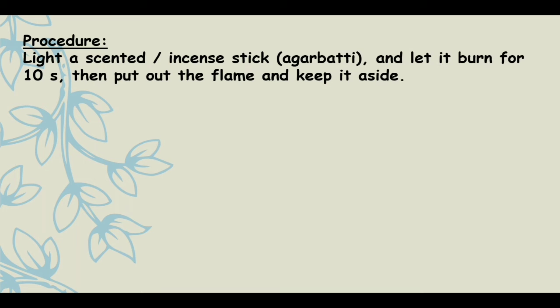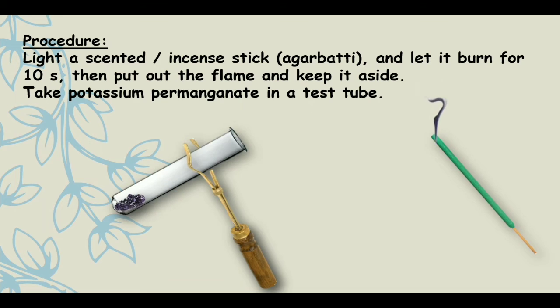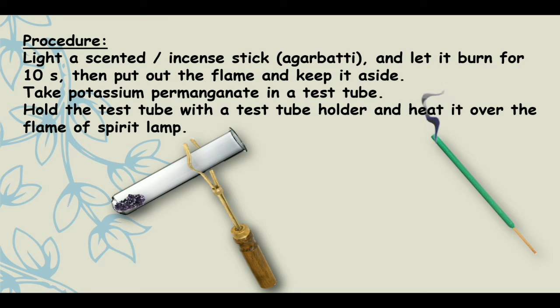Procedure: light a scented or incense stick and let it burn for 10 seconds, then put off the flame and keep it aside. Take potassium permanganate in a test tube, hold the test tube with a test tube holder and heat it over the flame of the spirit lamp.